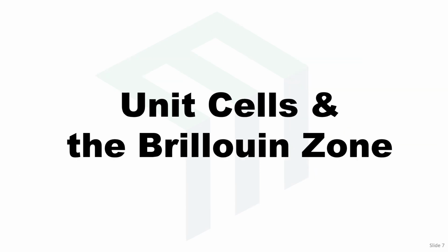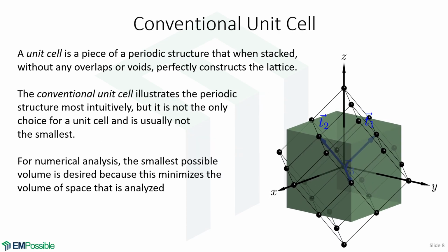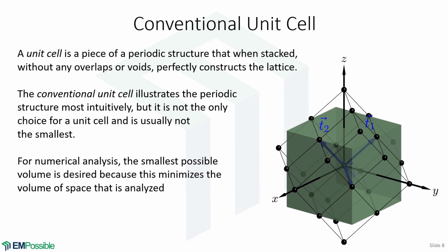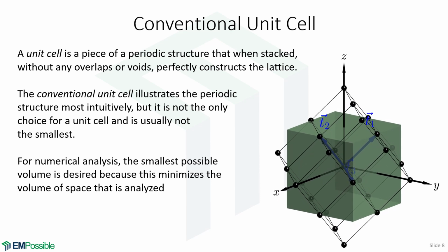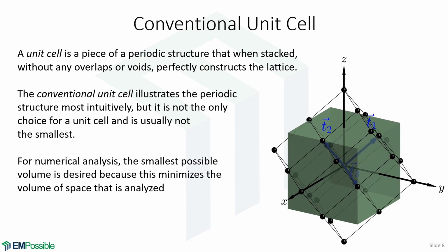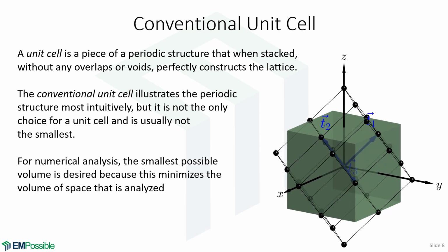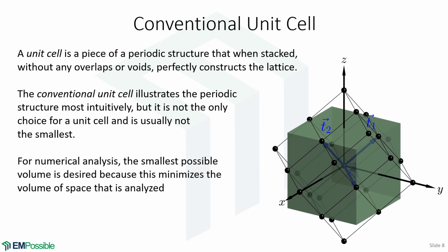Unit cells and the Brillouin zone. So a unit cell is a piece of a periodic structure such that if we stacked it onto itself in a way that there's no voids and no overlaps, and we build the full lattice completely and accurately, that is a unit cell.